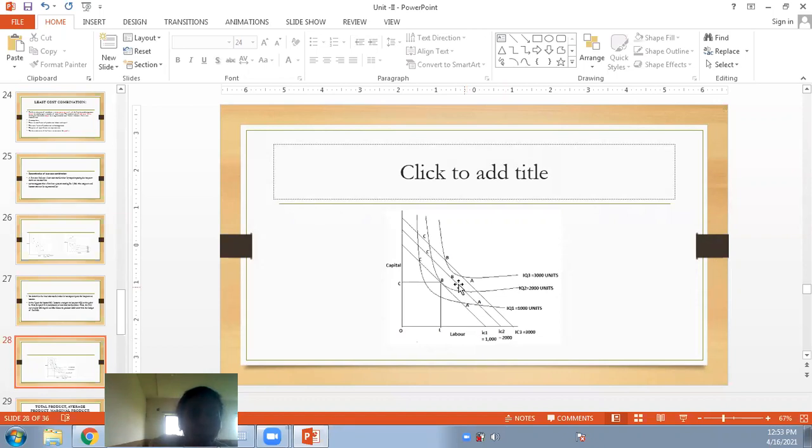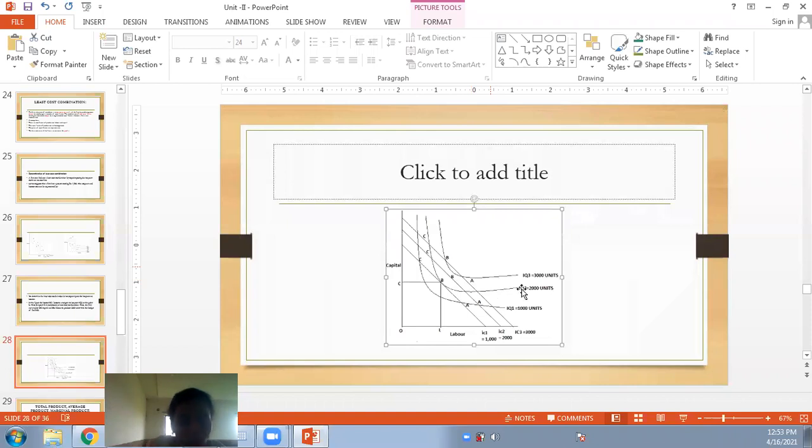Now the third one, see here, when the iso-quant is 3000, our cost line is at 2000 itself. See the gap between this iso-quant and the second curve, that is the 2000 iso-cost, this B that I have written there. That gap represents that the cost is only 10,000, but in order to produce this quantity, we have to increase our cost of production, which is not possible.